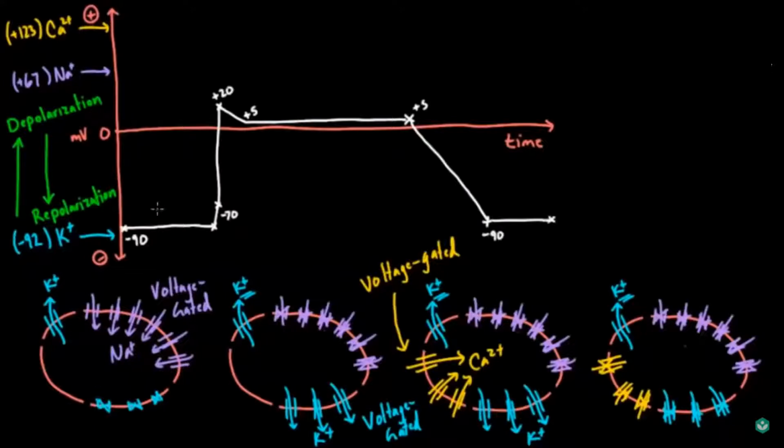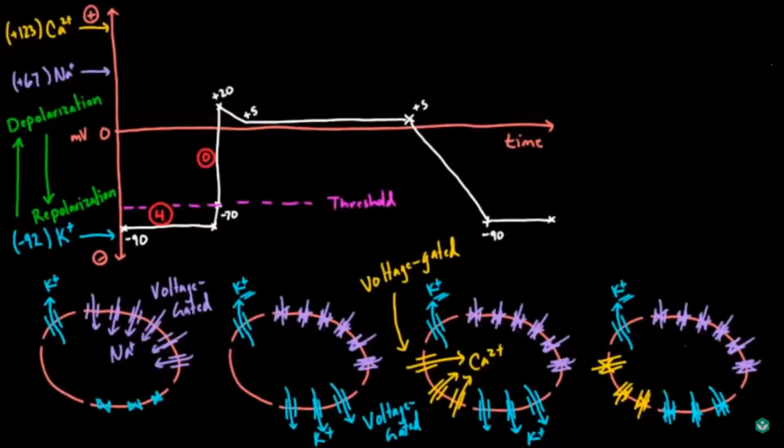The last thing I want to say is the stages, how they're named. So this is stage 4, this kind of baseline negative state that the relaxed muscle cell is in. And then this action potential, when it finally fires and it hits that -70, this is actually considered a threshold. This is our threshold. When it gets to that point, we call that stage 0.